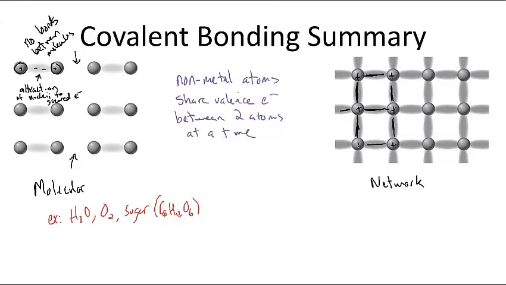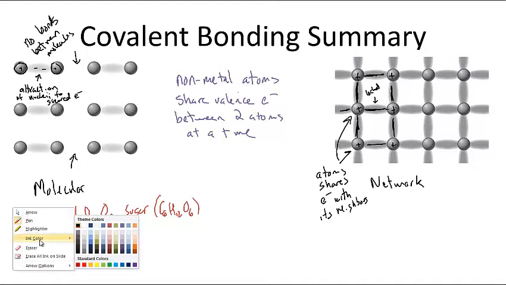So each one of these atoms shares electrons with its neighbors, but only its neighbors. Right? It's not like a metal where they're free to flow. These electrons are locked into place between the two atoms, right? So both of those atoms are pulling on those electrons, so those electrons are locked into place.